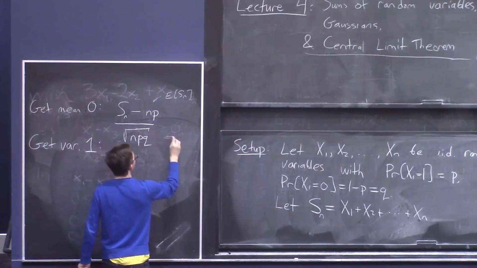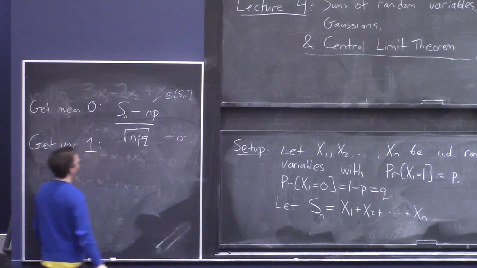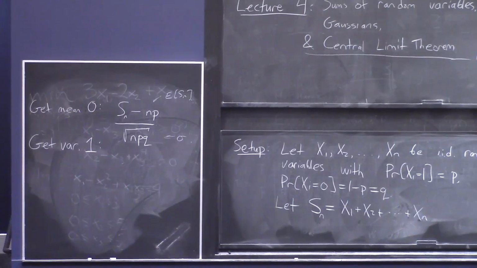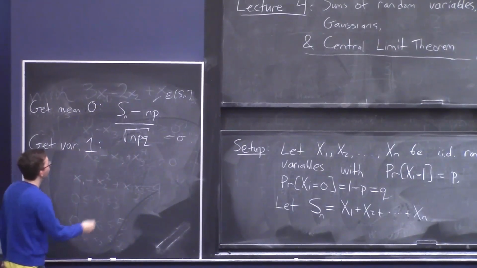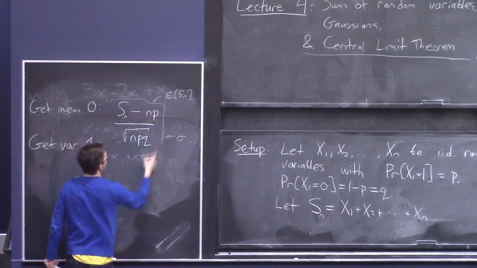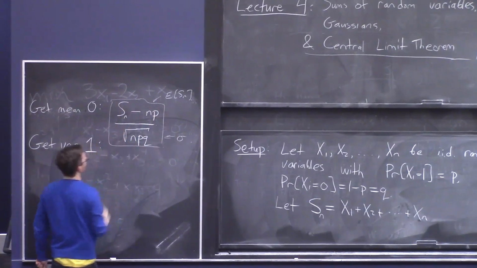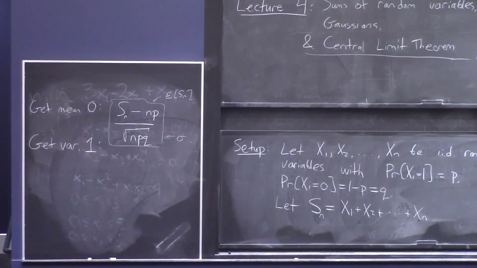Okay, in general, this is the standard deviation. Okay, and that makes a random variable which has mean 0. This also doesn't change the mean, of course, and variance 1, and therefore also standard deviation 1, which is really convenient.